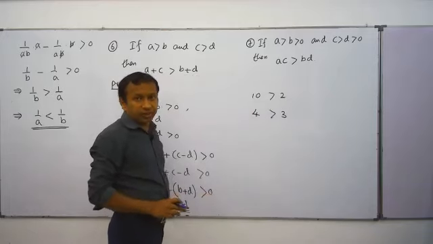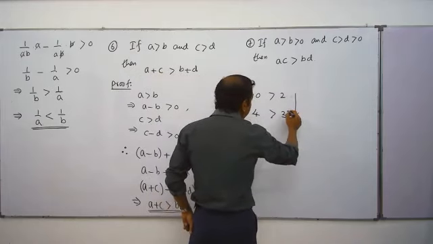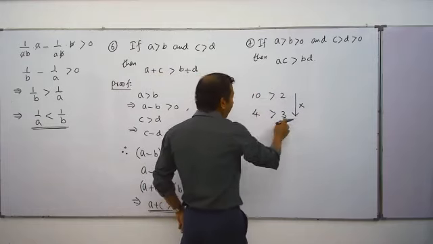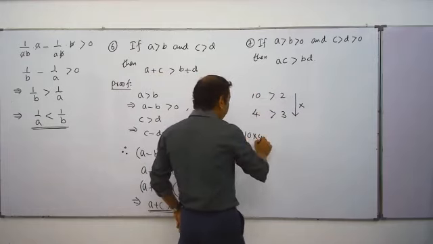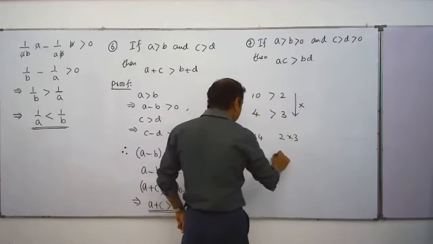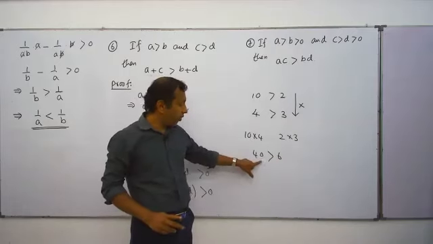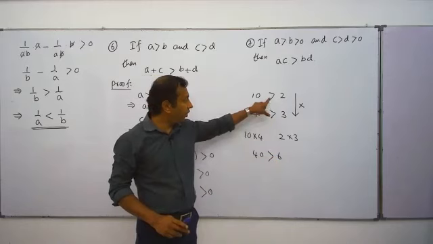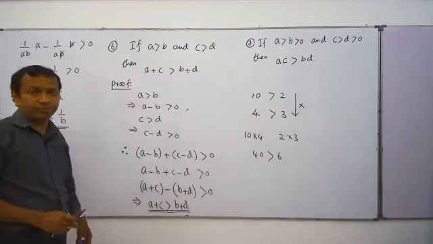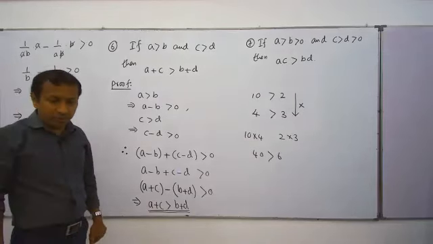Then this result says we can multiply these two inequalities. Left-hand side multiplied separately, right-hand side separately: 10 into 4 is 40, 2 into 3 is 6. Still the left-hand side is greater than the right-hand side. That means the same direction is still valid even after multiplying.